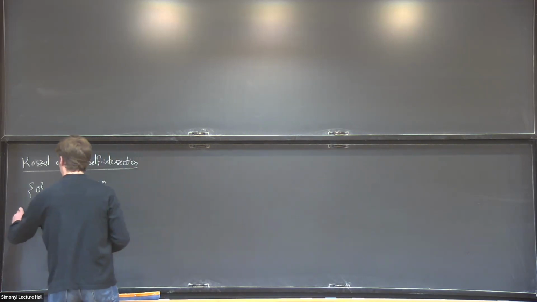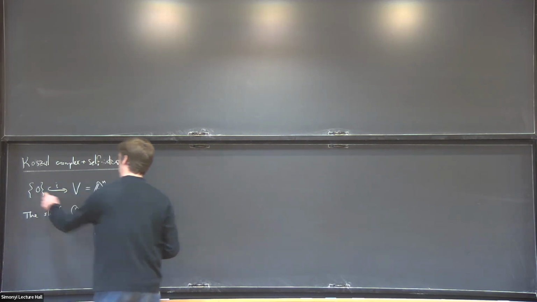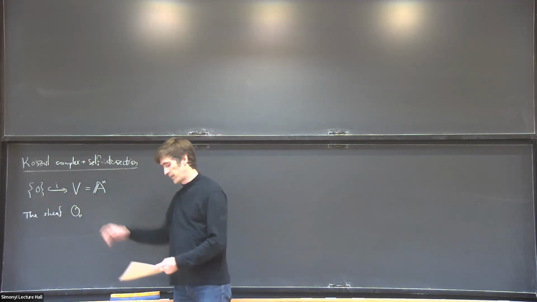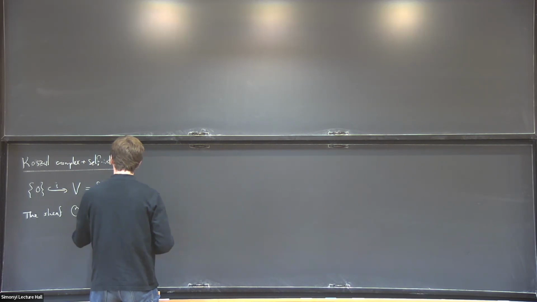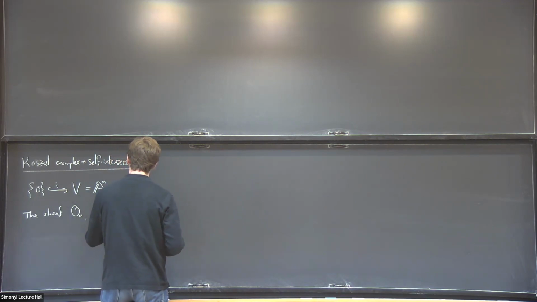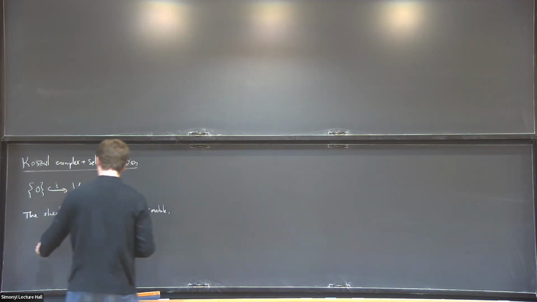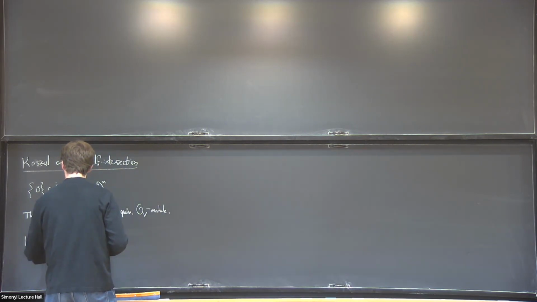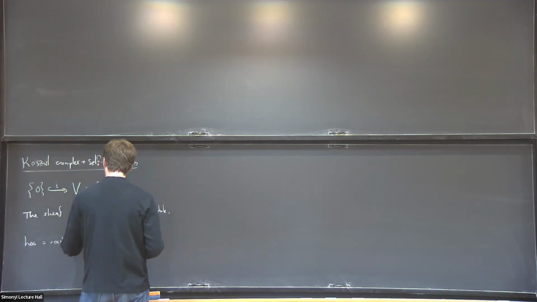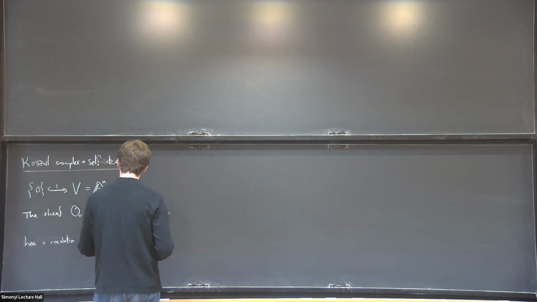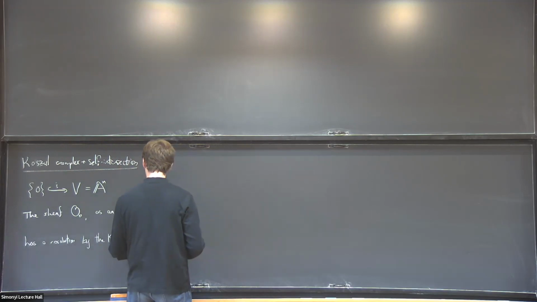And the structure sheaf of that point, as an equivariant module over affine space, has a resolution by vector bundles. There are other possibilities, but there's a famous one called the Koszul complex, which I'll write down.